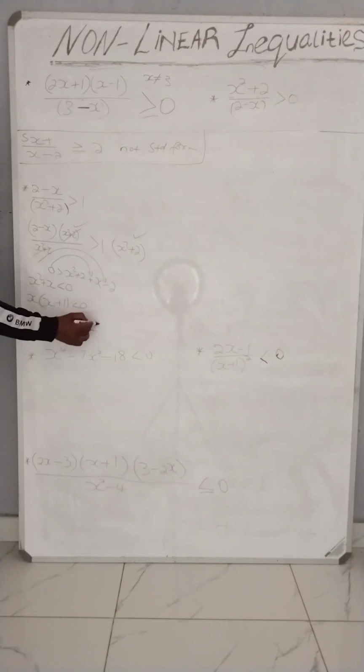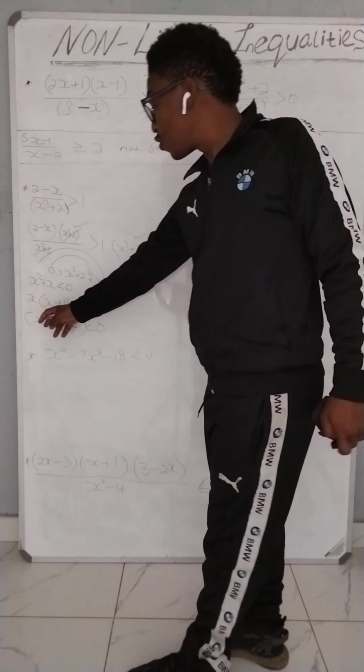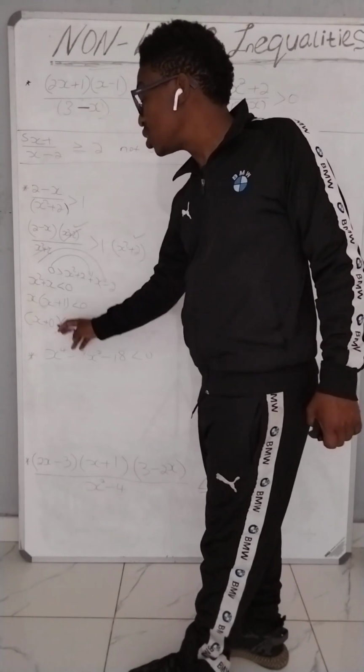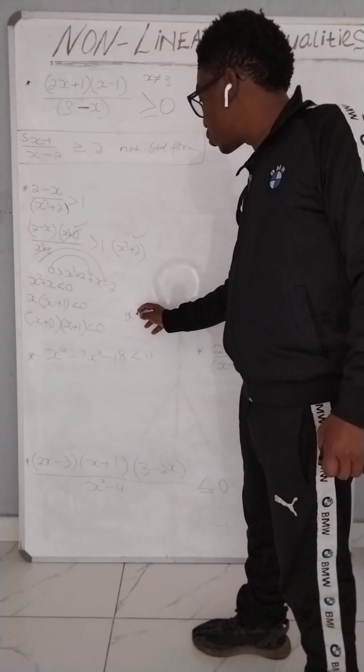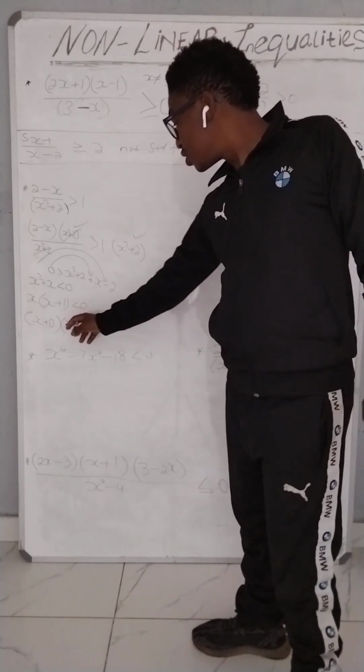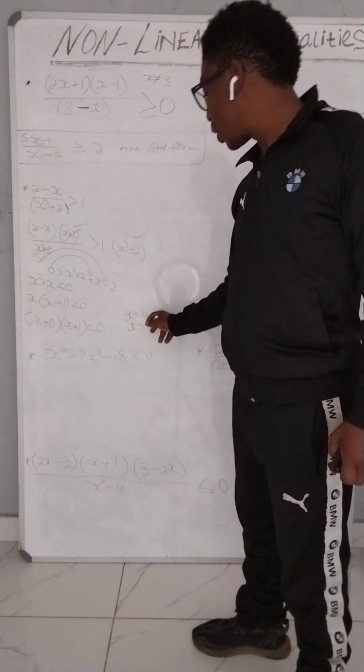Don't let it confuse you, okay? And therefore, you have your two factors to test. And then here, for this factor to be 0, x must be 0. So x will be 0. And then for this factor to be 0, x will be negative 1.